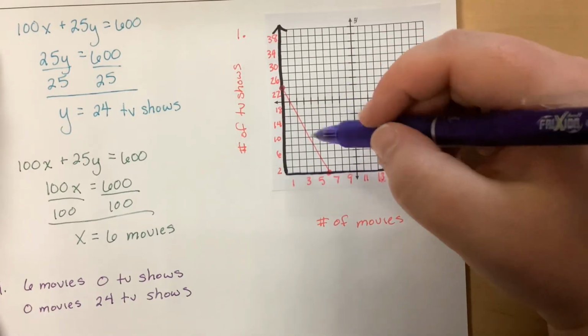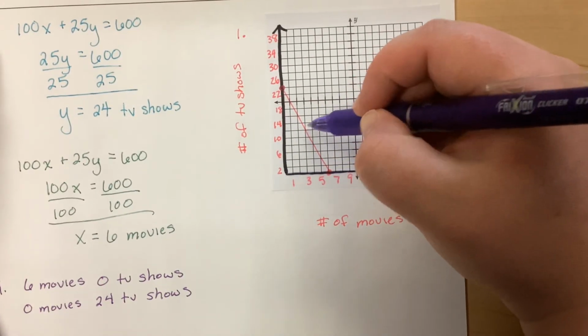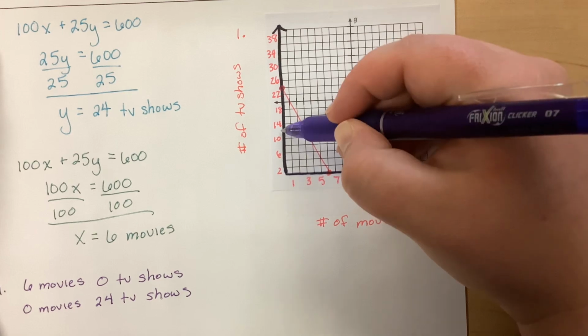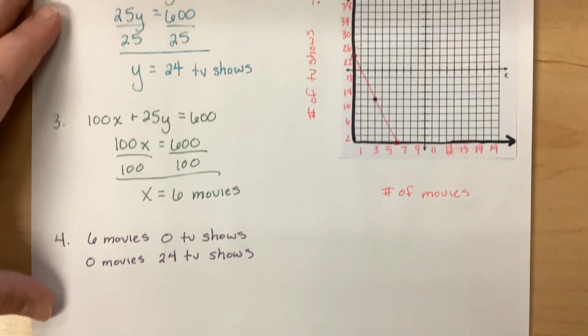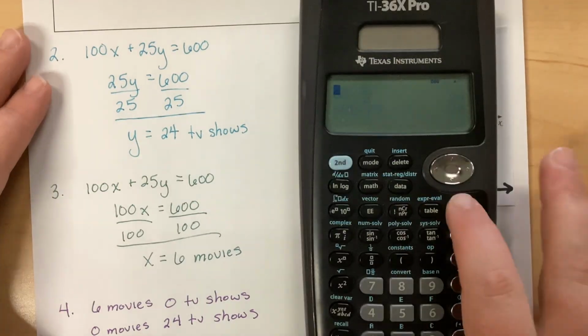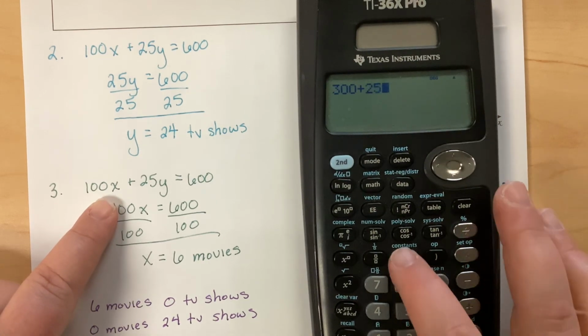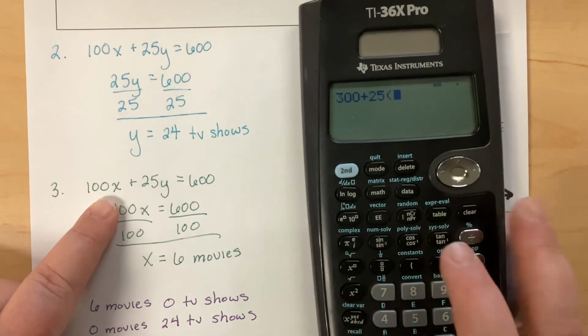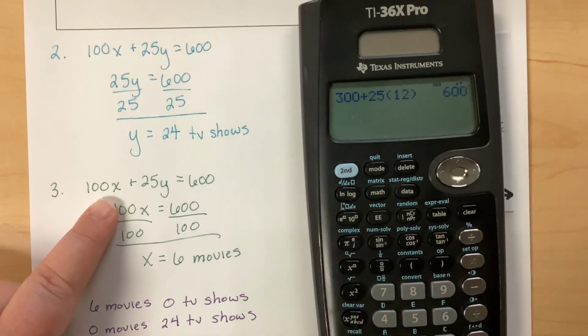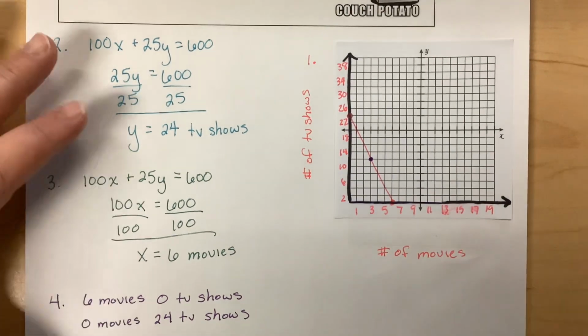And then I have to pick another one that works. So it looks like 3 and 12 works, but let's just double check. So 3 would be 300 plus 25 times 12. If it equals 600, we're good, and it does. So that's what we're going to use.